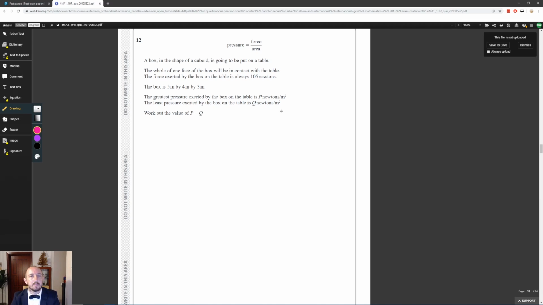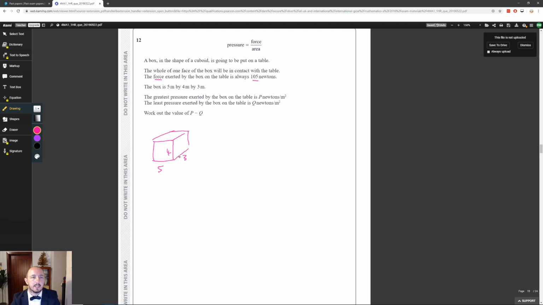Question 12, pressure equals force over area. When you put the box down on its different sides, you'll get different pressure depending on the area. The force is 105 newtons. The box is 5 by 4 by 3.